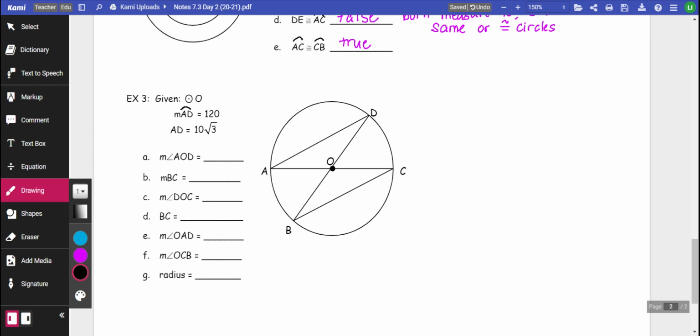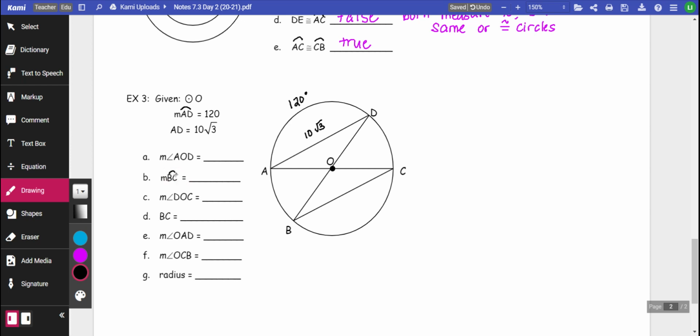So we want to make sure that we mark that on our diagram as well. Okay, so that's our given information.